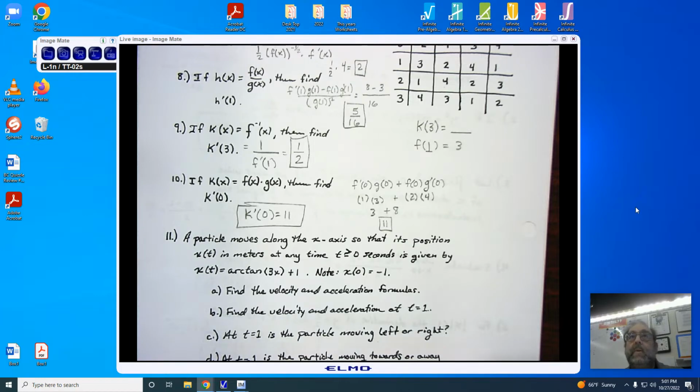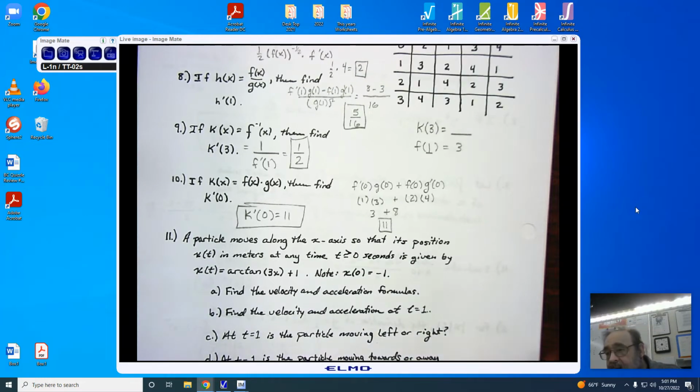It is absolutely imperative that you know your derivatives for the arctangent, arccotangent, arcsecant, and the arccosecant. If you don't know those tomorrow, along with the derivative of a to the u and log base a of u, you are at a disadvantage and will have a problem. Please make sure you study them for tomorrow.